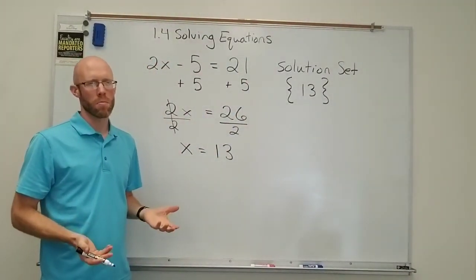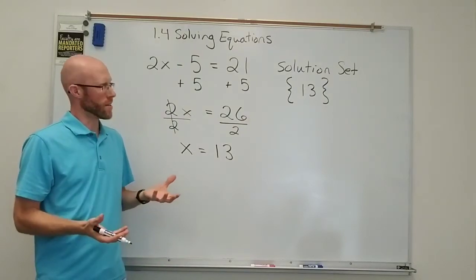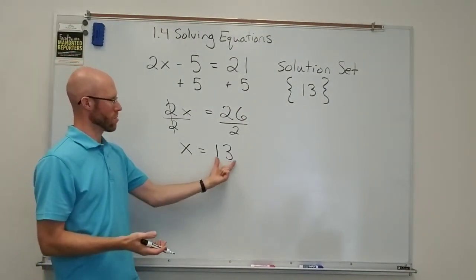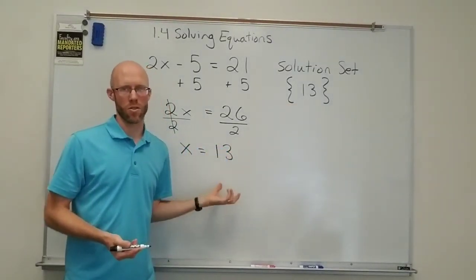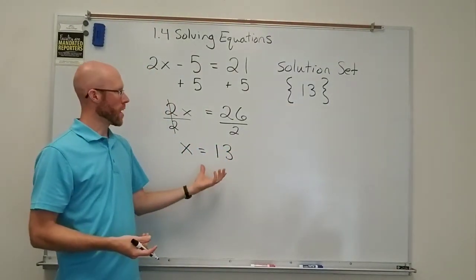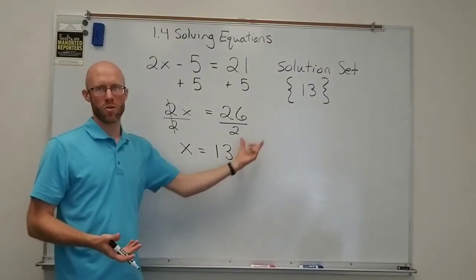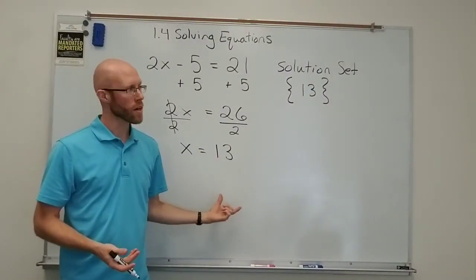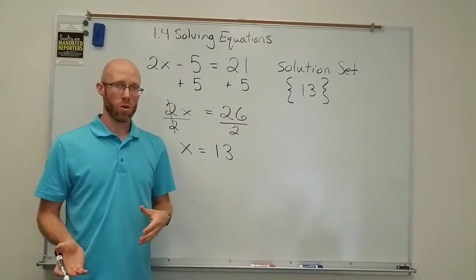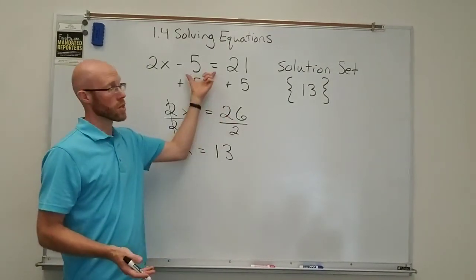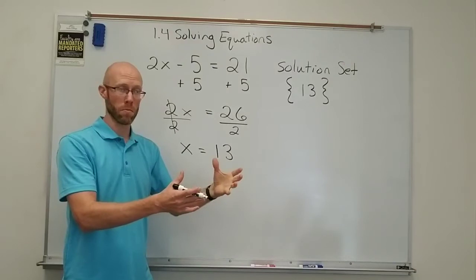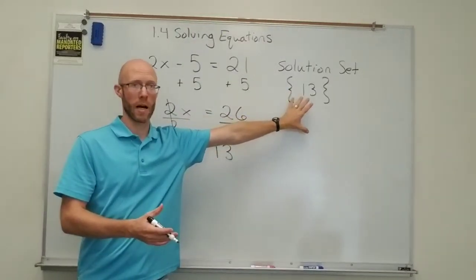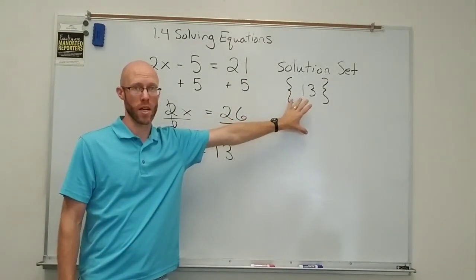It seems a little bit strange and maybe redundant or unnecessary to take this answer and just write it in that solution set. It seems, well, why can't I just circle the answer? And it makes sense now because they're the same thing. However, later in the course, we're going to find that there are some equations that have multiple answers, and we want to get them together in a nice compact representation.